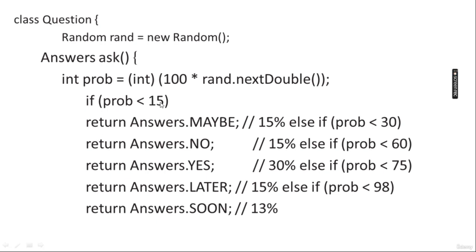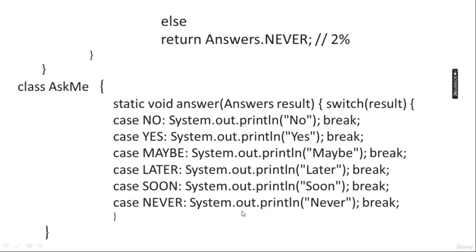Else if probability is less than 30, return Answers dot no. Else if probability is less than 60, return Answers dot yes. Else if probability is less than 75, return Answers dot later. Else if probability is less than 98, return Answers dot soon. Else it's the default answer, return Answers dot never.